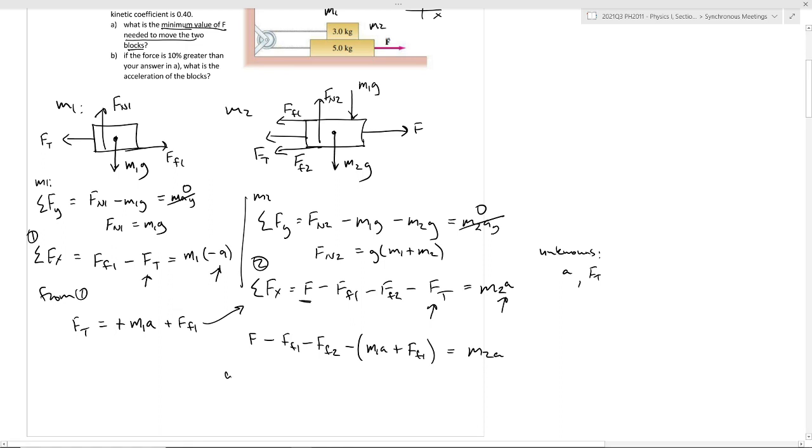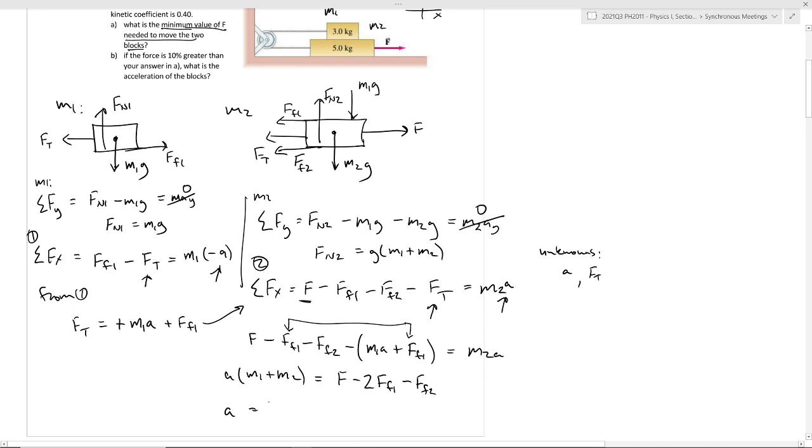Notice we'll have a times m1 plus m2 is going to be equal to F minus, notice we have two factors of ff1, so minus 2 ff1 minus force of friction 2 ff2, and I think that's everything. And so we can then divide by the sum of the masses and get an expression for the acceleration.